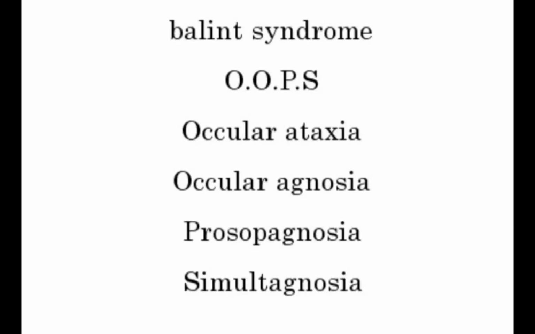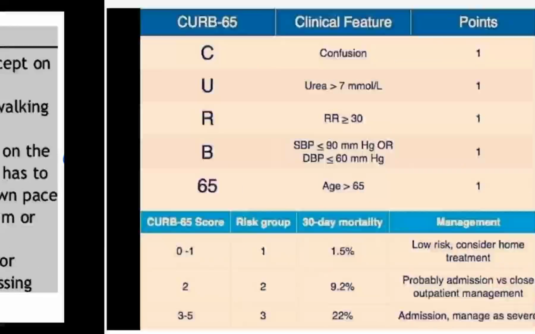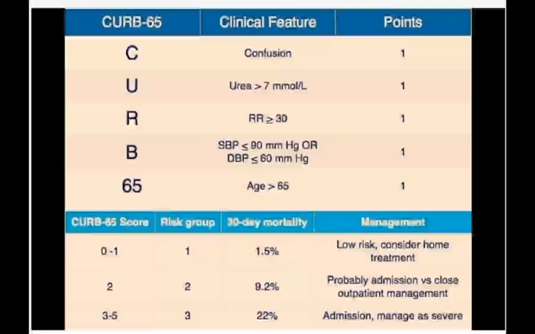That's our dyspnea gradings. Then we have the CURB-65 score. CURB-65 score. C is for confusion, then U is for urea more than 7 millimole per liter, R is for respiratory rate more than 30, then B is for BP, systolic BP less than 90 and diastolic BP less than 60, and 65 is for age more than 65, and each is given 1 point.